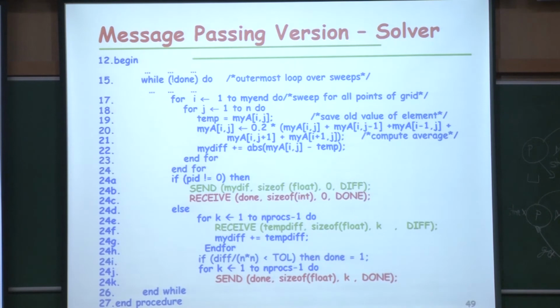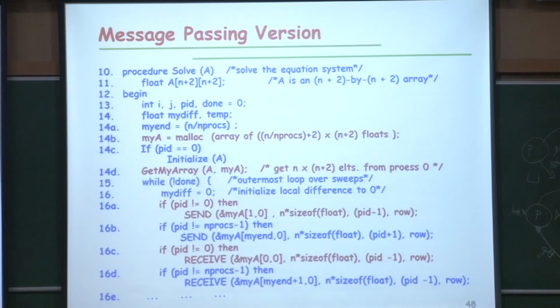So, you go back to the previous slide. Let us look at this. Each process except process 0 is going to send its first row, 1 comma 0, to the previous process, PID minus 1.